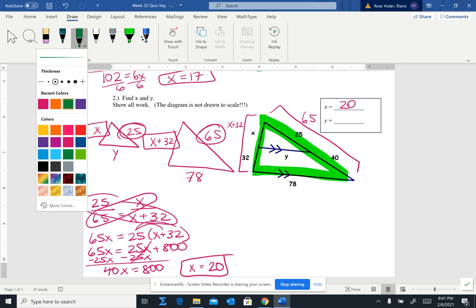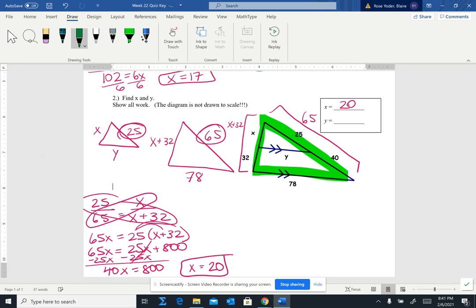All right, last one. I'm going to use the 25 and 65 again, so I can have that same ratio in both of my proportions. I stick with that because those are the two numerical values. And then I'm going to go y and 78. And once again, I can't stress it enough, the order does matter. I went little triangle over big triangle when I did 25 and 65.